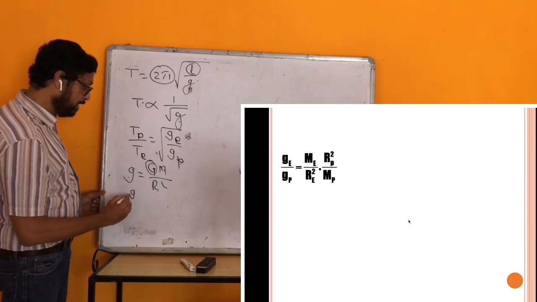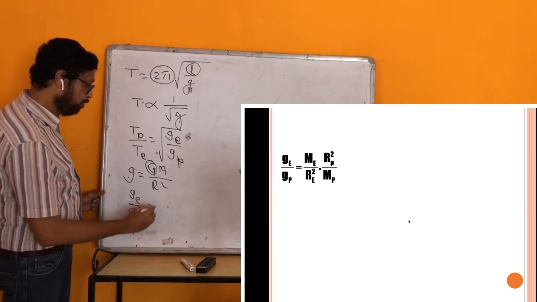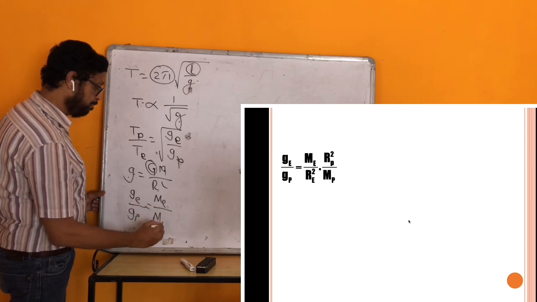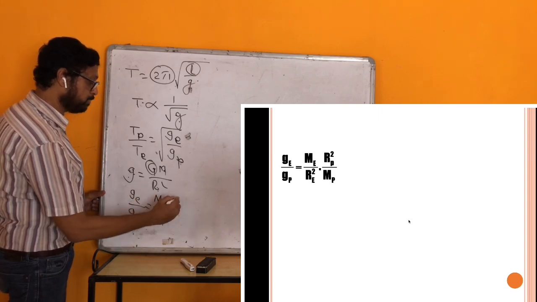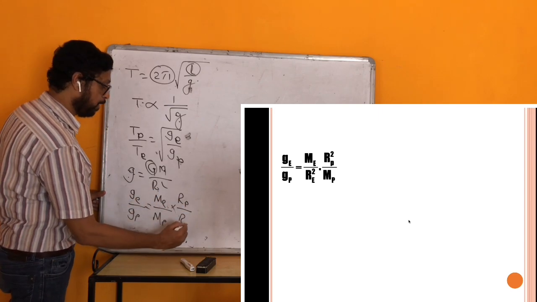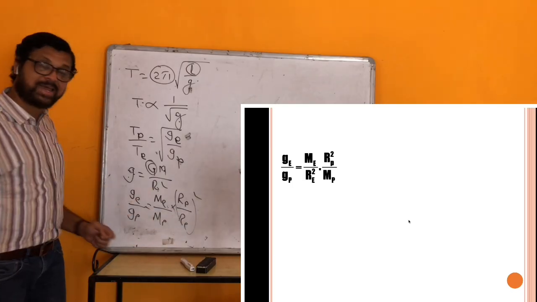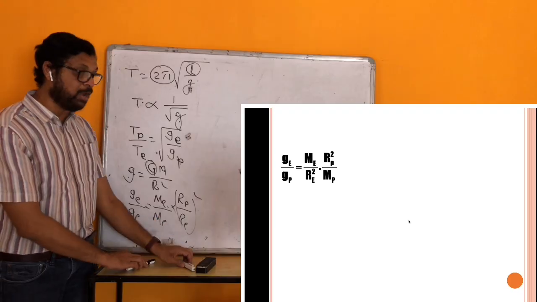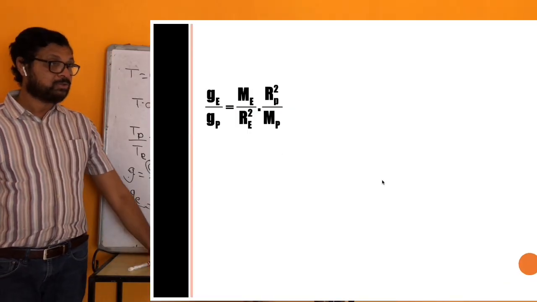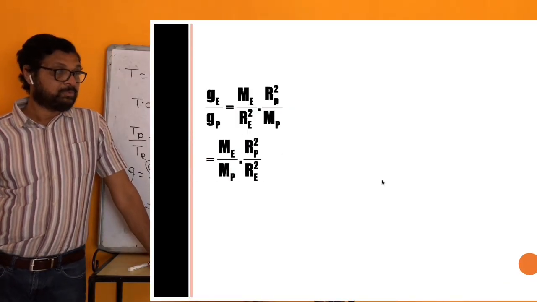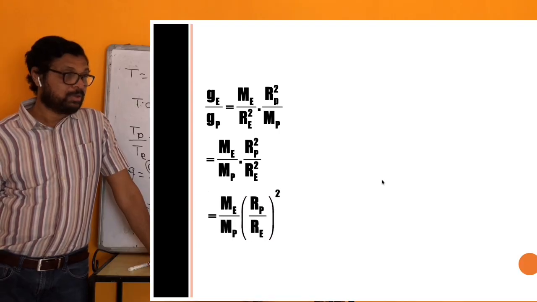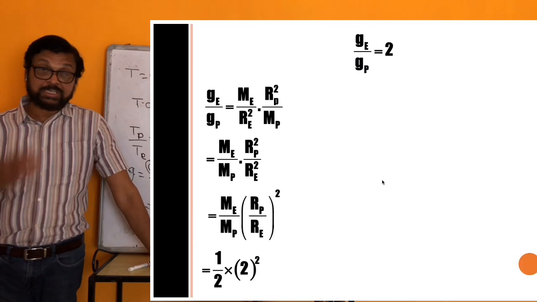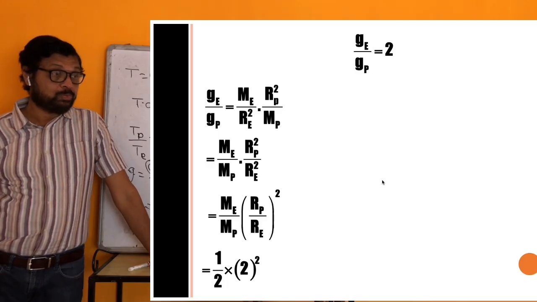So GE upon GP will be equal to M चा direct proportion ME upon MP into R चा inverse proportion RP upon RE whole square. Right? So first you'll find this ratio GE upon GP. So putting the values, ratio of GE upon GP comes out to 2.